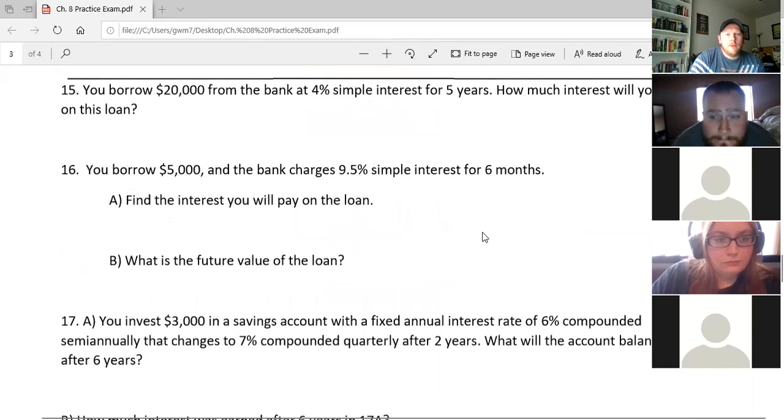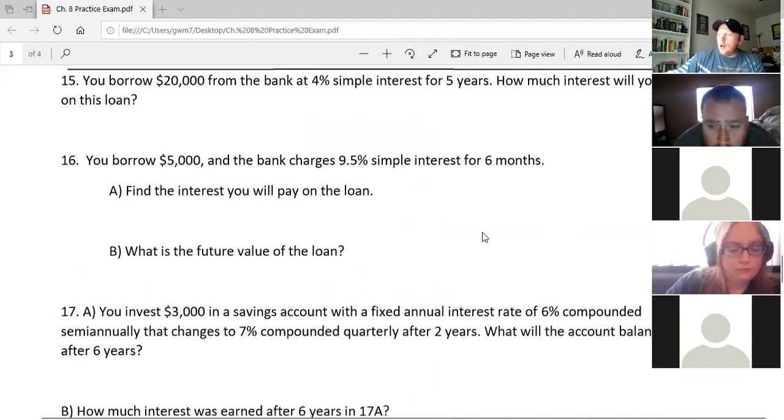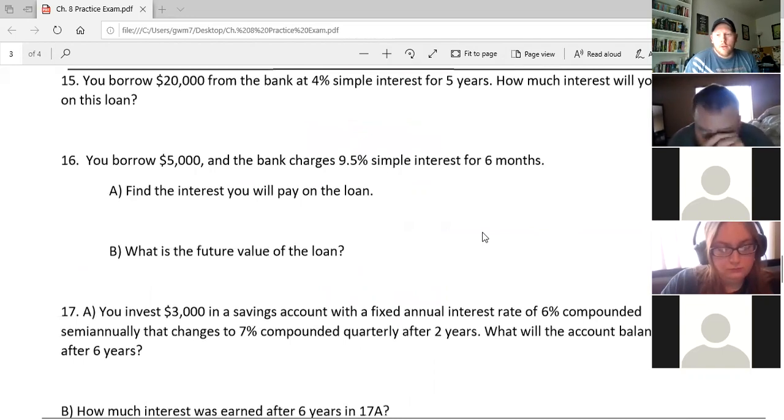So number 15. Starting at number 15, this is section 8.3 material. From 8.3 on, there is a formula sheet that you should keep by your side. When I was going through this, I noticed there is one error on the formula sheet that needs to be corrected.